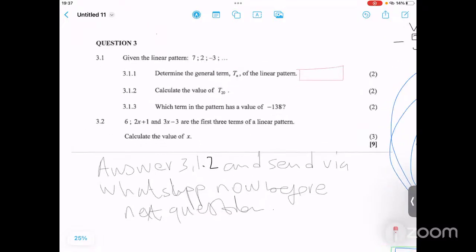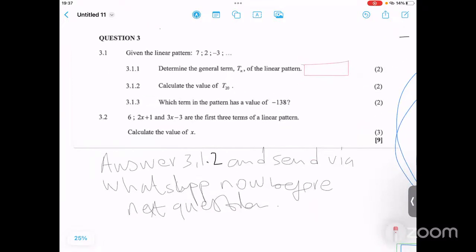Okay, guys, we are now on 3.2. I think I saw someone. Okay, that was Teifaswa. Let's see what Teifaswa did. Okay. Then we have that. That, okay.